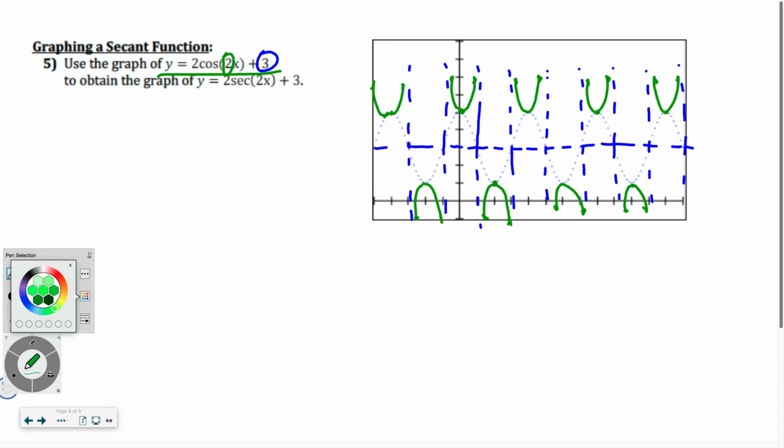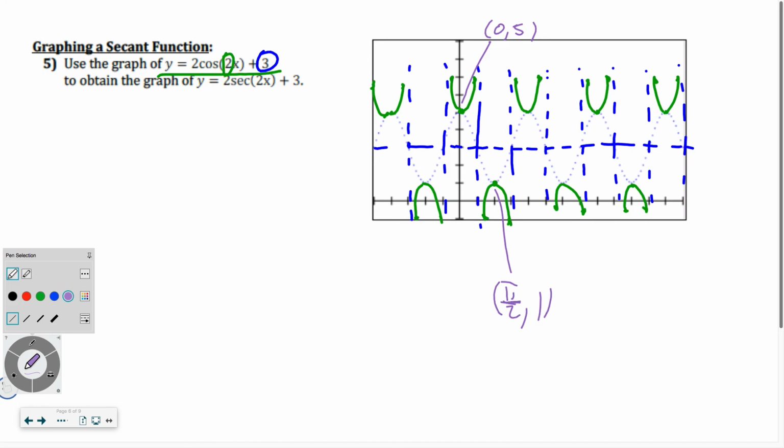So this point right here is the point 0, 5. Can anyone tell me what this point is right here? Yes. Pi over 2, 1. How did you know it was pi over 2?